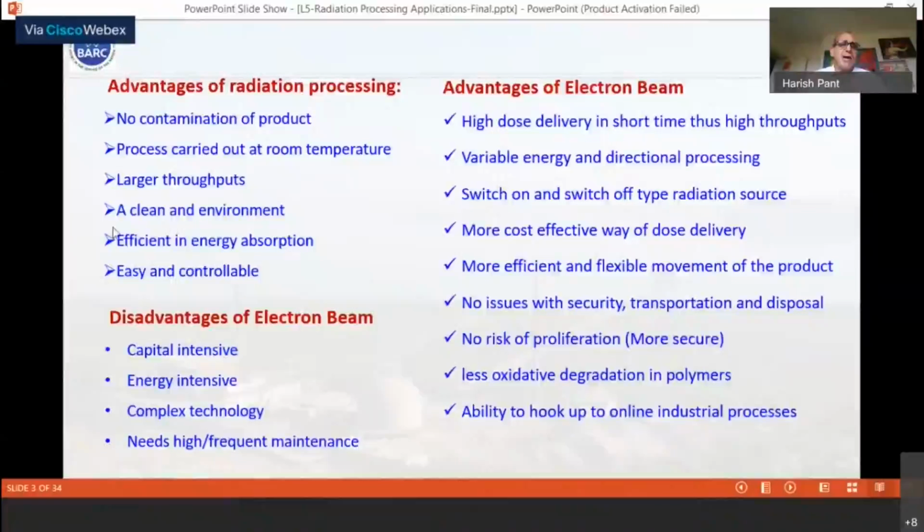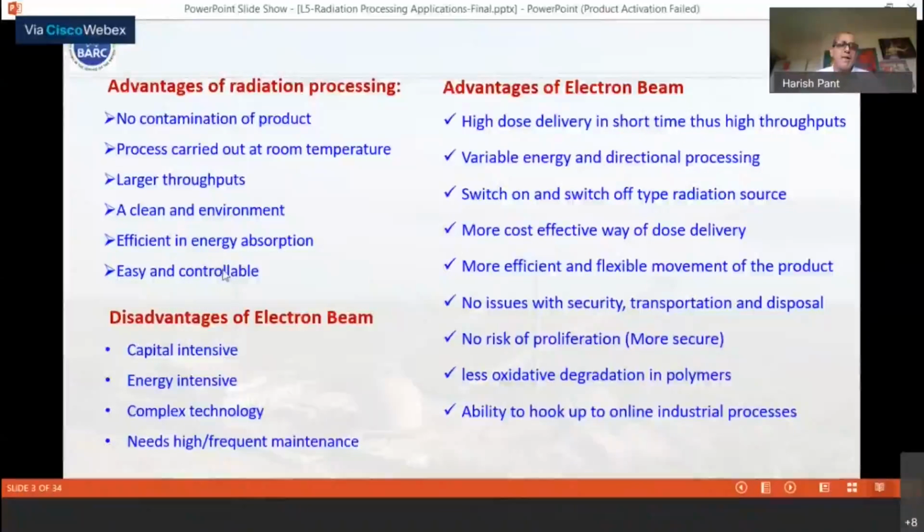The energy absorption in radiation processing application is very efficient. And this radiation processing can be controlled very easily. So these are the advantages of radiation processing over conventional techniques of processing of the material.